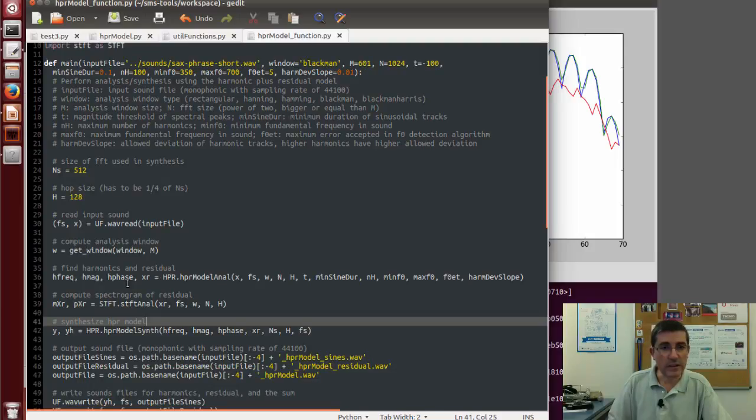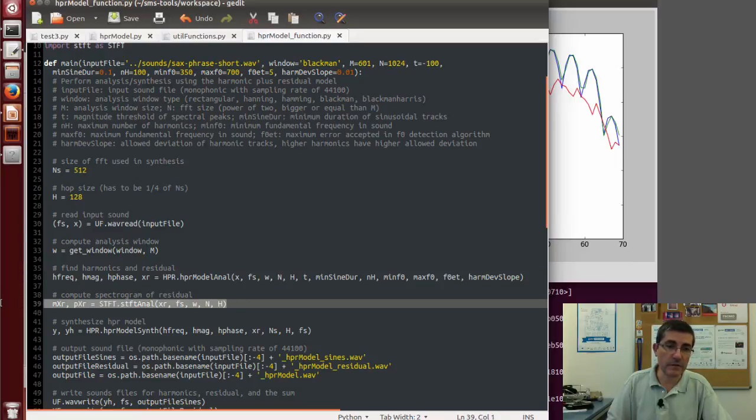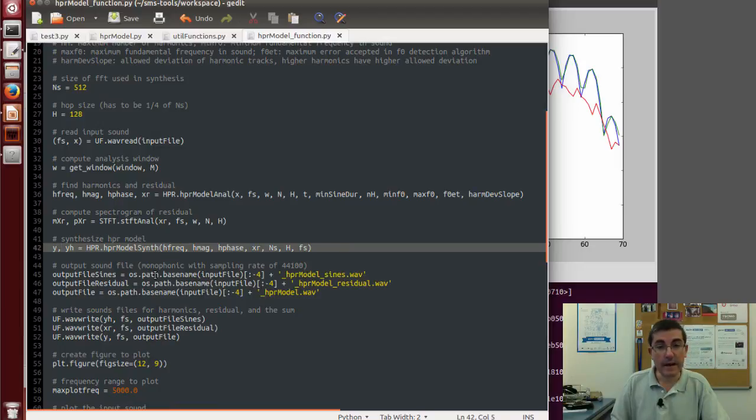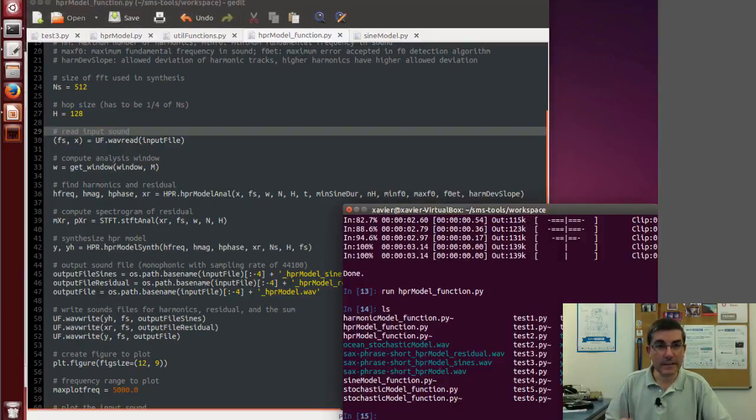So it calls the hprModel analysis, and then it computes the spectrogram of the residual so that we can show it as a spectrogram, and then it performs the synthesis, and it generates the overall output sound, the sum of the residual plus the harmonics, and just the harmonics, and it writes the files into the same directory.